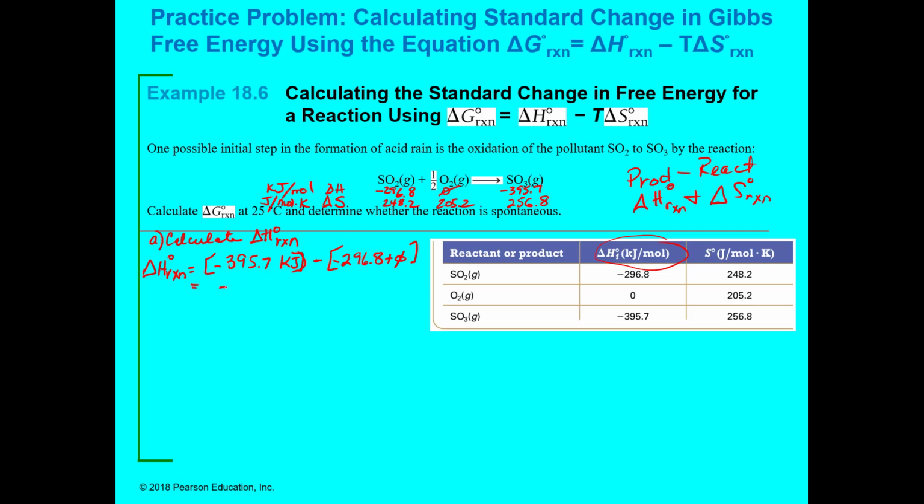That's going to equal a negative 98.9 kilojoules. And I know this is a delta G problem, so I'm just going to go ahead and convert this to joules because they are going to both have to be in the same units. So there's 1,000 joules in 1 kilojoule, and so that's going to give me negative 98,900 joules. So that's going to be my delta H number, negative.